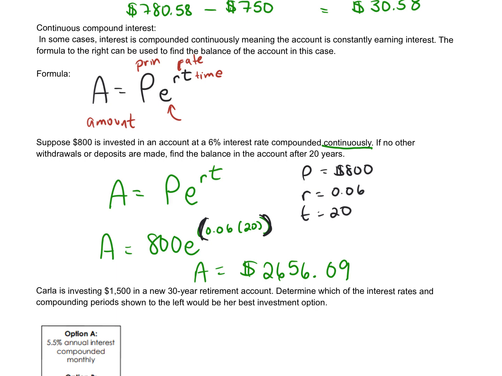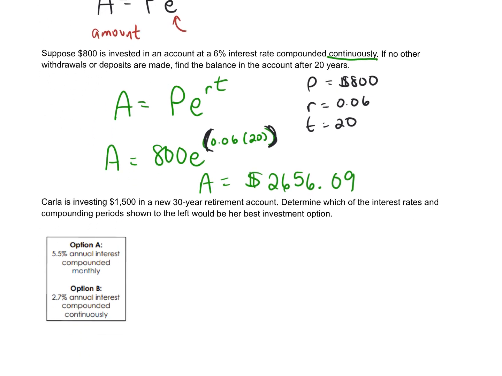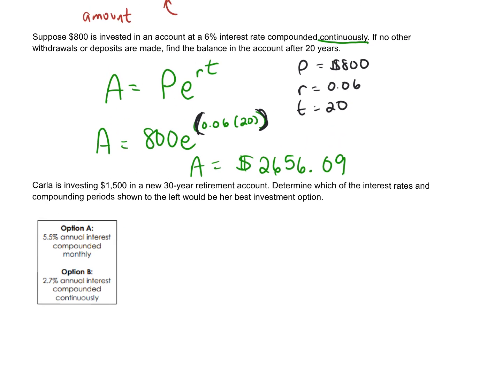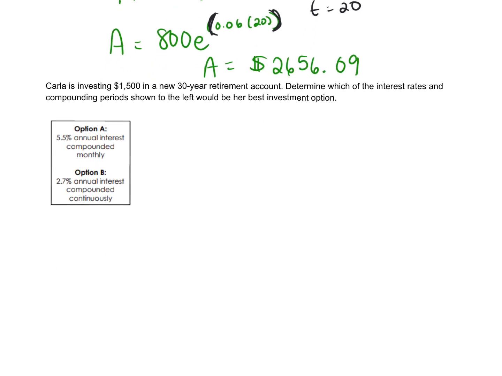All right, let's look at one last example that'll kind of see if you had a decision to make, if you had two accounts to pick from, which one would you pick? So let's say that Carla is investing $1,500 in a new 30-year retirement account. So $1,500 in a 30-year account. And we have two choices to pick from.